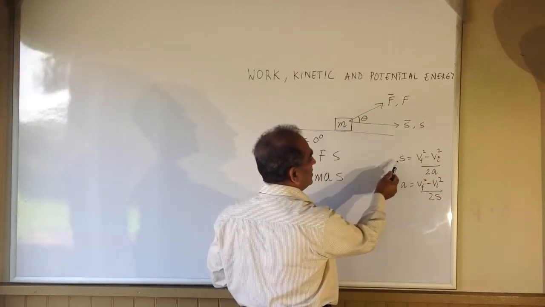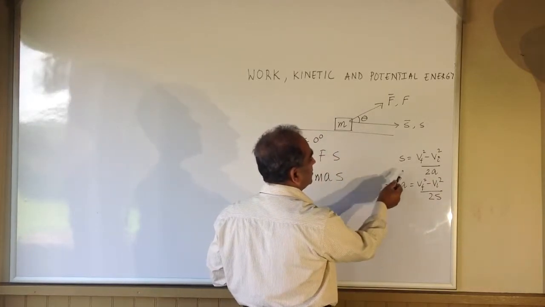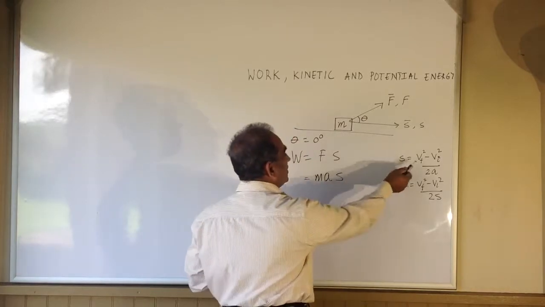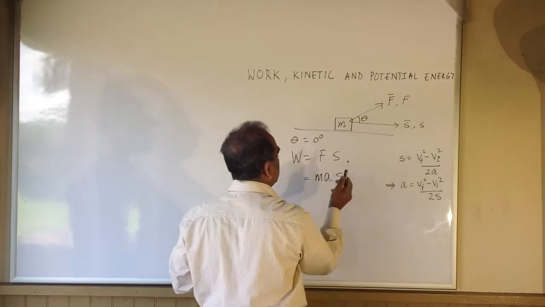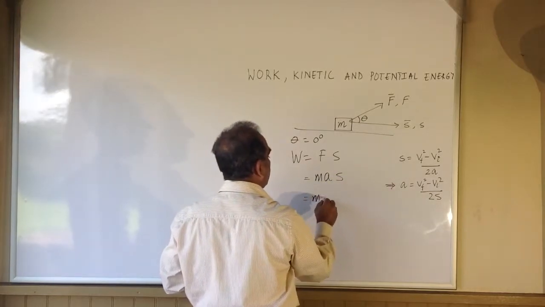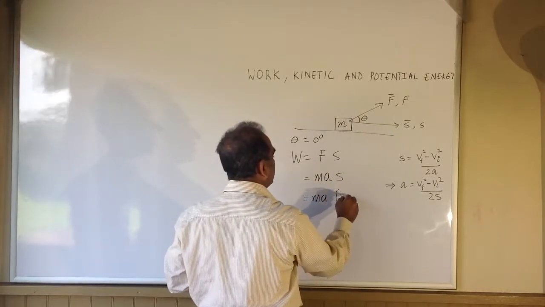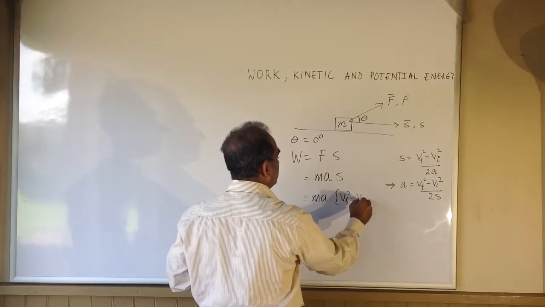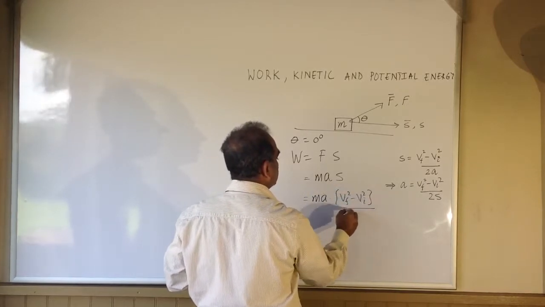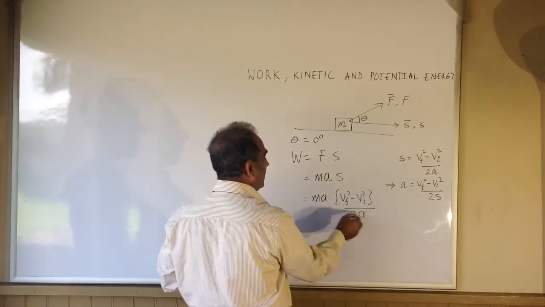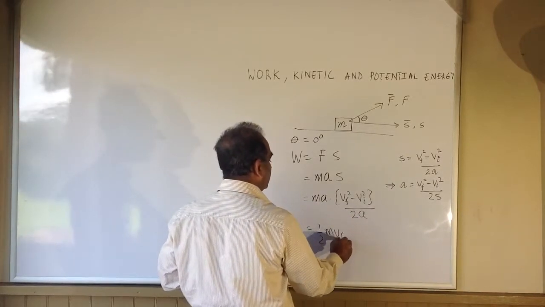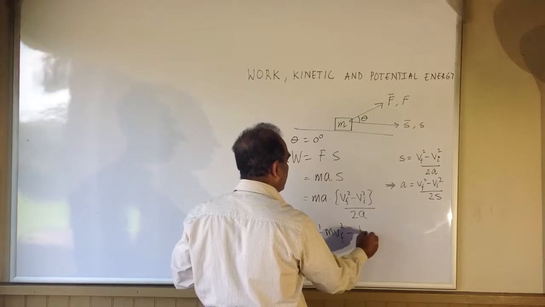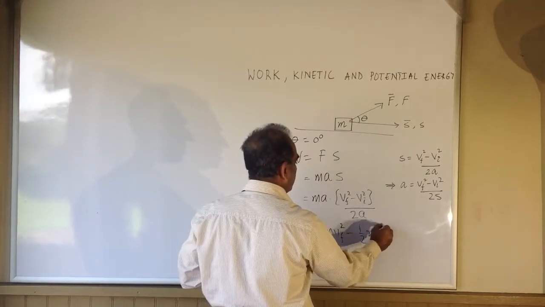Either you can put S equal to the value here and A this value. So we'll put S equal to that value: m a times V final square minus V initial square over 2a. The a cancels, and you get half m V final square minus half m V initial square.